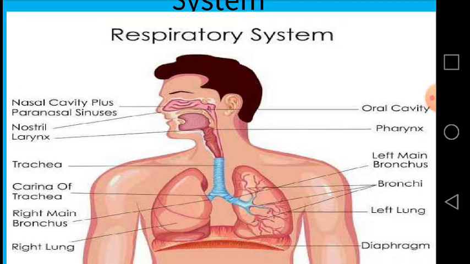The cilia beat backward and forward in a coordinated fashion, and this action pushes the mucus and its trapped impurities upward in the direction of the mouth, which prevents the particles from entering the alveoli. So this is how the respiratory system is kept clean from the dust and different pathogens which we inhale with our air.